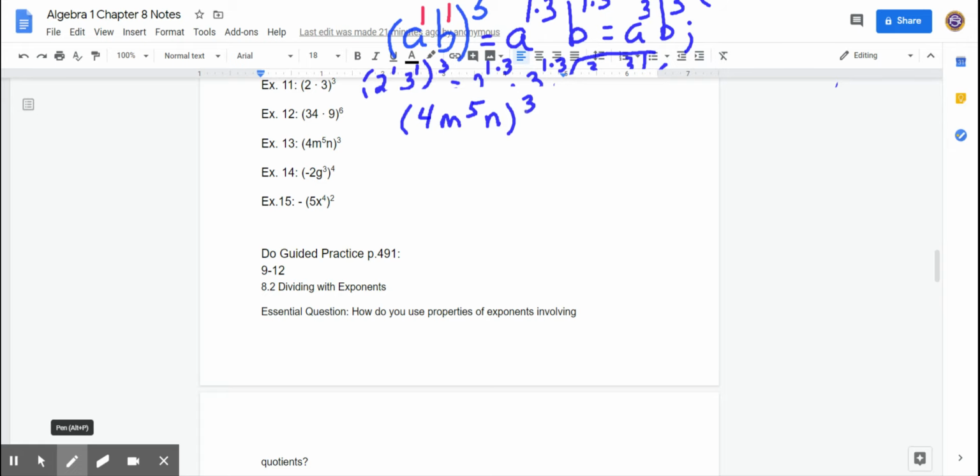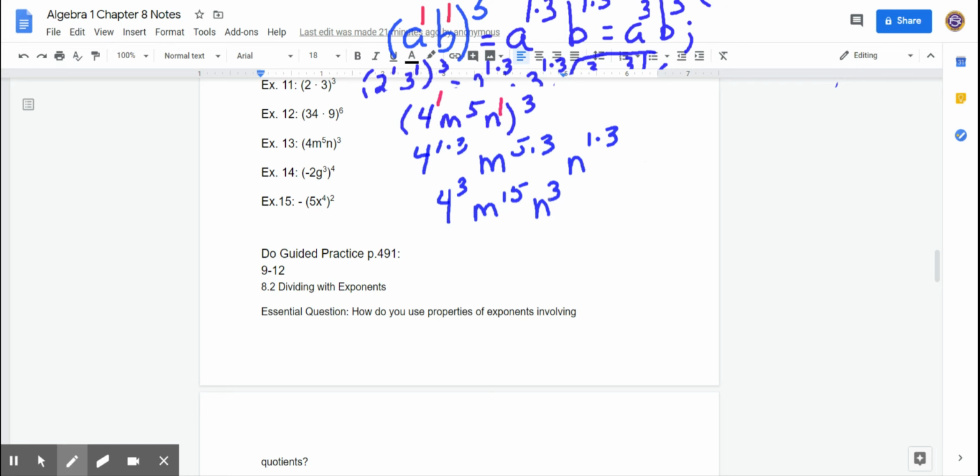So remember that each of these has an exponent. 4 has a 1 and n has a 1. So you're going to take and get 4 to the 1 times 3, m to the 5 times 3, and n to the 1 times 3. That's 4 cubed, m to the 15th, and n cubed.